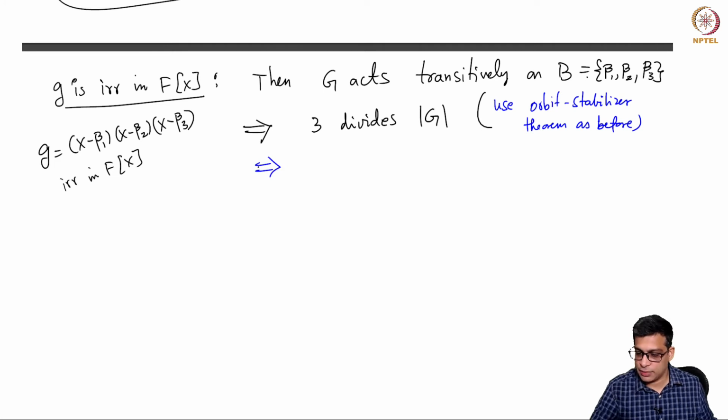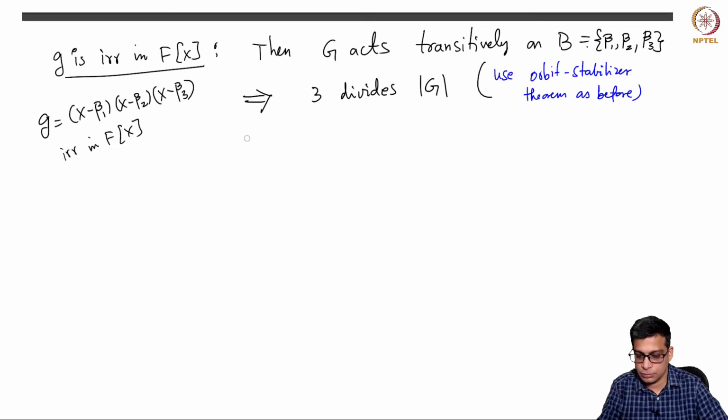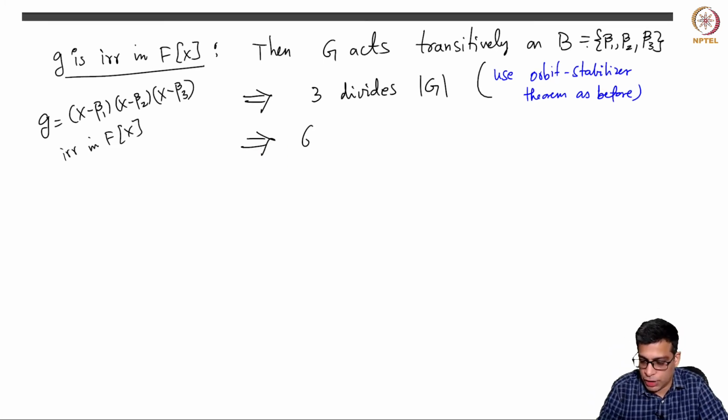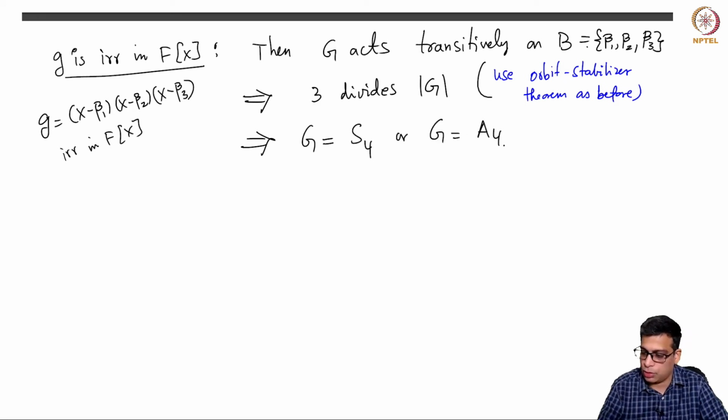This implies there are two possibilities, rather: G is A4 or S4.